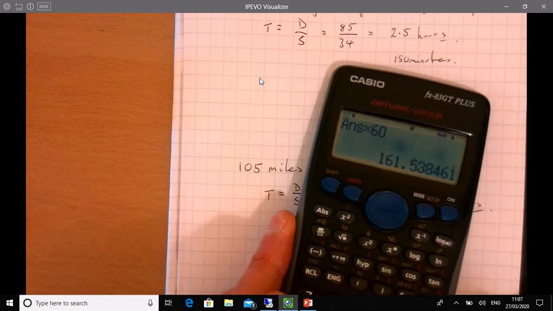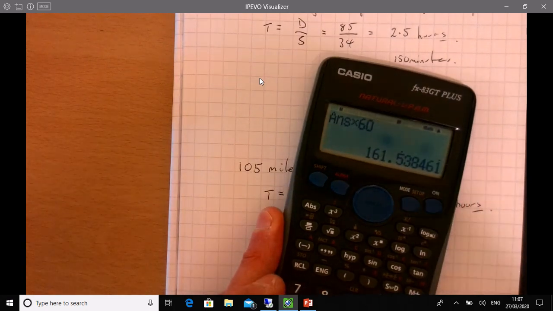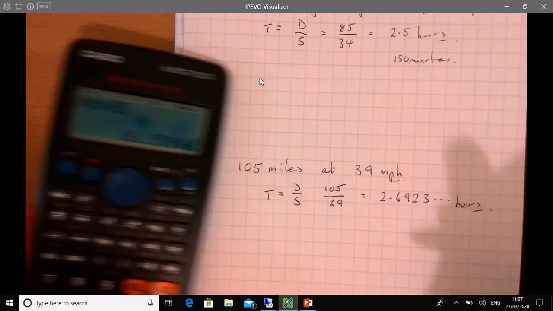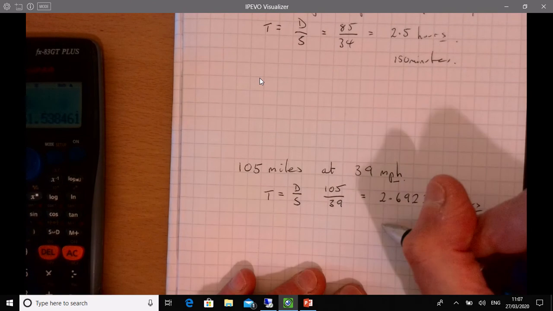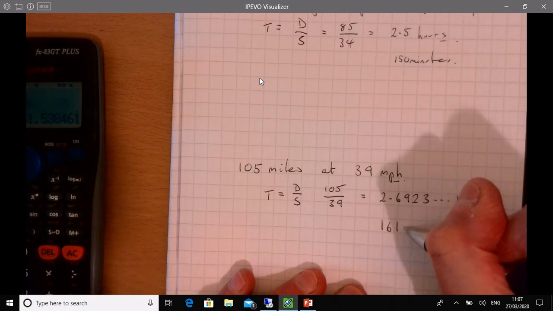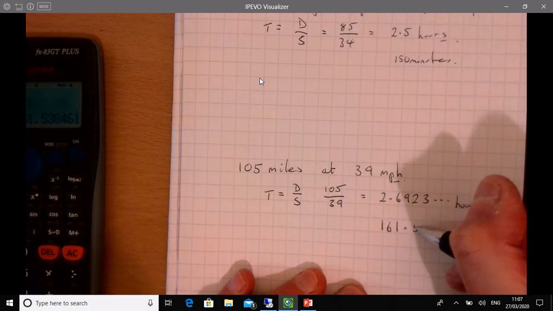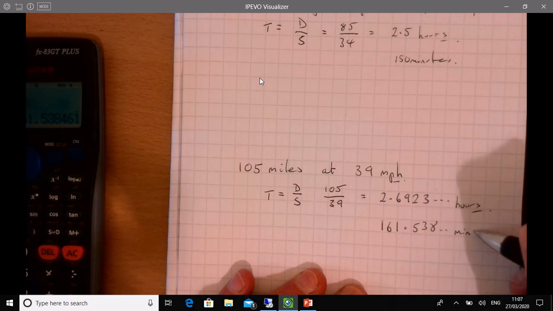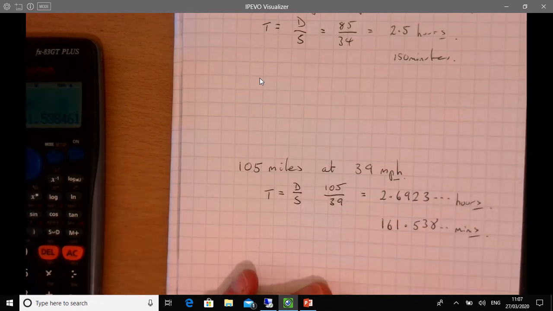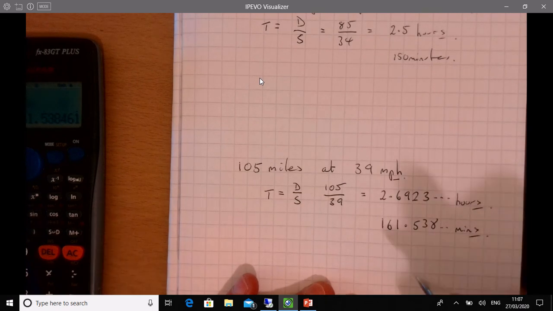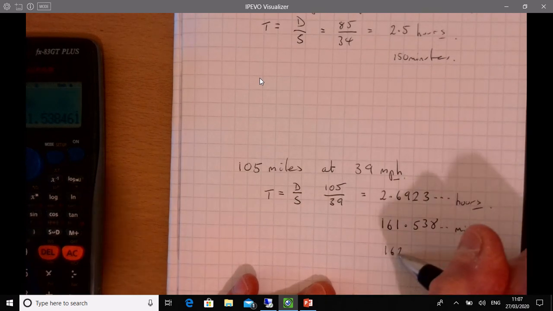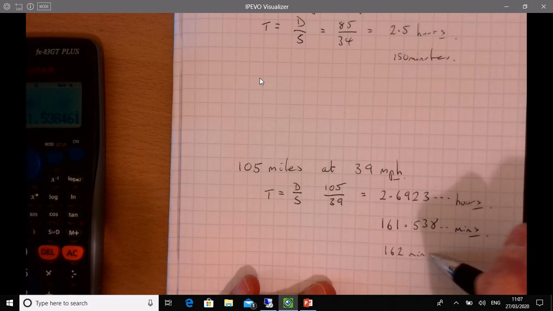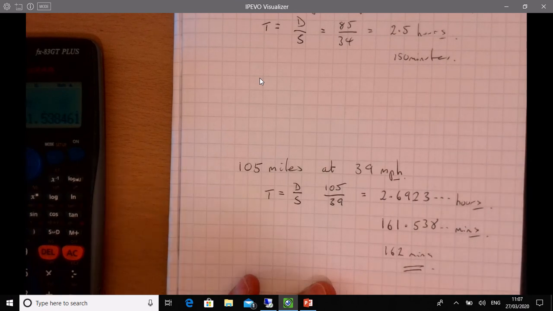We've got 161.538 minutes. Now, the question would probably say to the nearest minute, so that to the nearest minute is 162 minutes, and there we go.